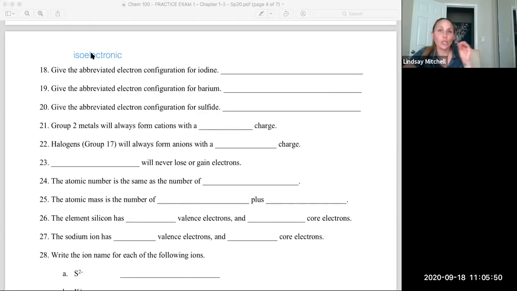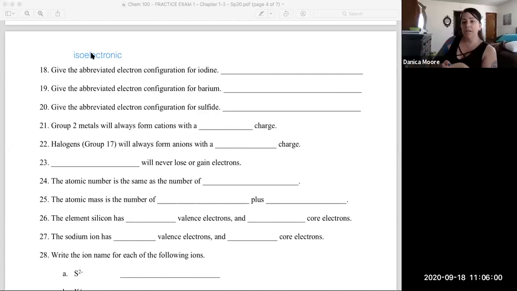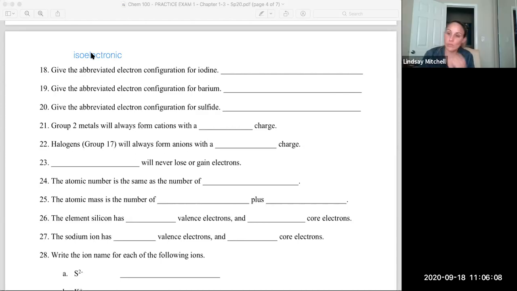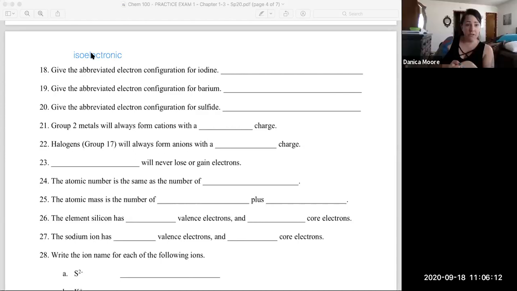If you were to ask a question about isoelectronic, would you ask for a definition of it, or for the electron configuration of it? There are two ways I would probably ask. One would be: different ions and some elements can have the same electron configuration. This is called blank? And then you'd have multiple choice.